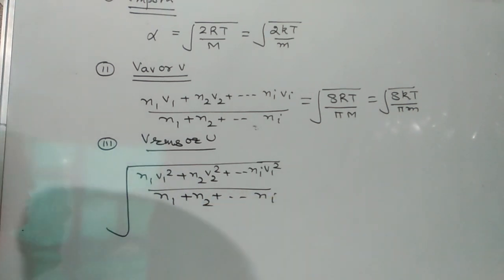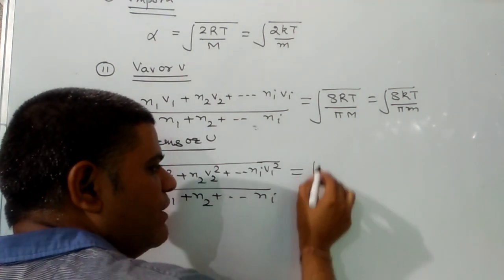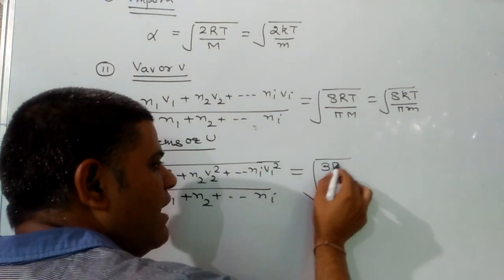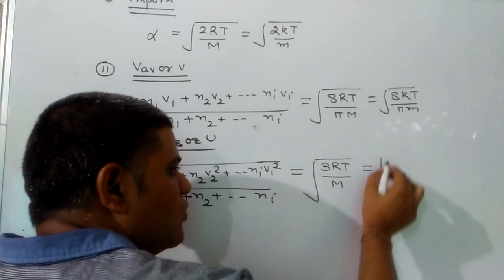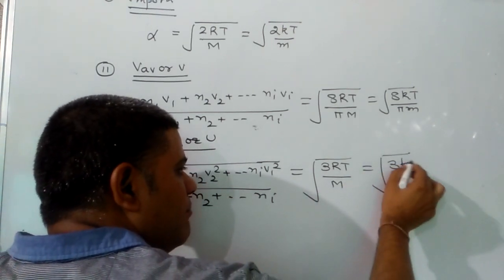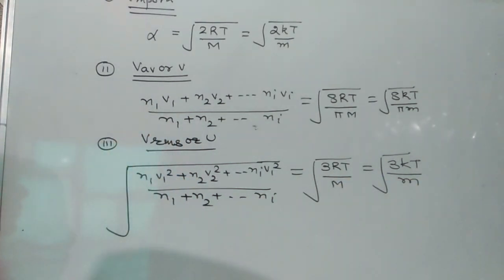That's why it is known as root mean square velocity, and its value is equal to root 3RT by M, or root 3kT by small m, where n1, n2, ni are the numbers of gas molecules, R is the universal gas constant, T is the temperature, M is the molecular mass, and k is the Boltzmann constant.